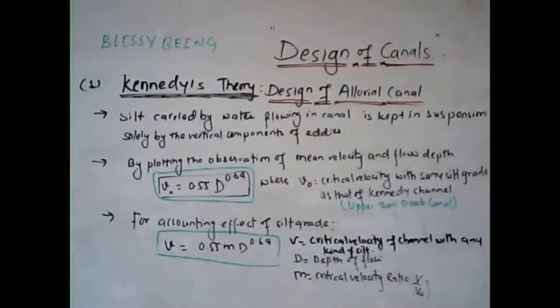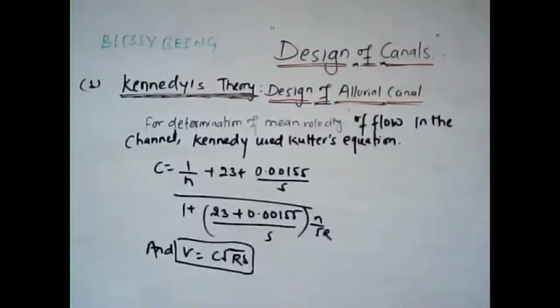So whenever you have determined the critical velocity of channel with any kind of silt, that is V, and you divide it by the critical velocity with same silt grade as that of Kennedy's channel, then we have this critical velocity ratio.